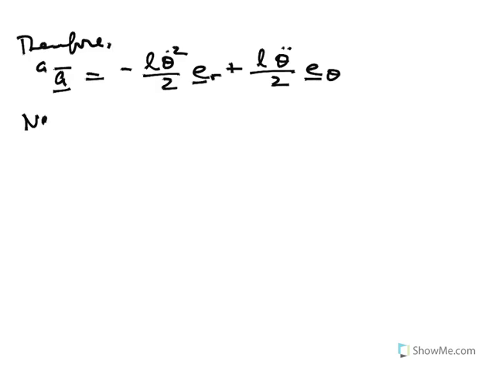So next, the angular momentum relative to the center of mass is equal to the inertia tensor relative to the center of mass of the arm multiplied by the angular velocity of the arm in the ground.